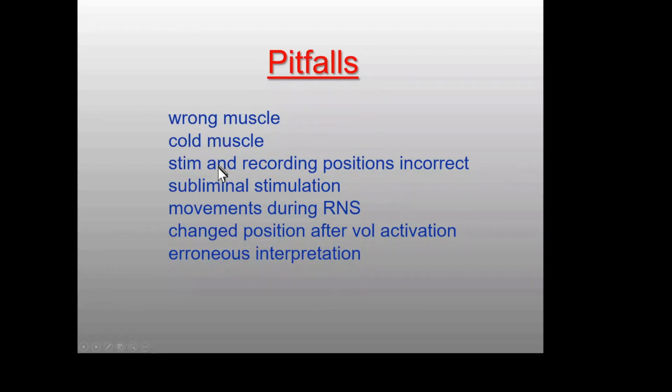And then, why do we get so much decrement here in this patient that still does not have myasthenia? Well, the stimulating electrode, recording for that matter also, but the stimulating electrode may be out of position, maybe it is a subliminal stimulation, and we have small movements during repetitive stimulation and during voluntary activation that get the stimulating electrode out of place, that gives something that looks like a decrementing response.